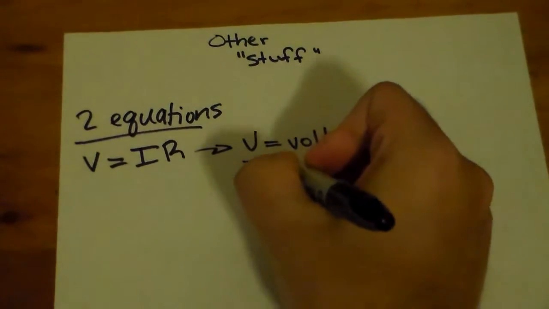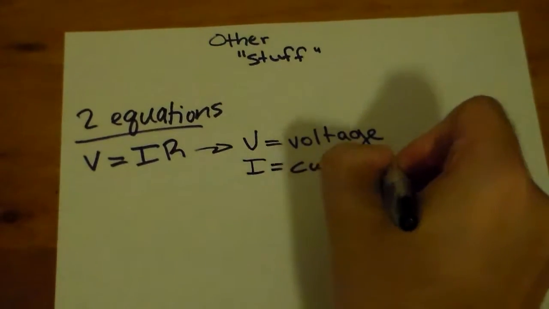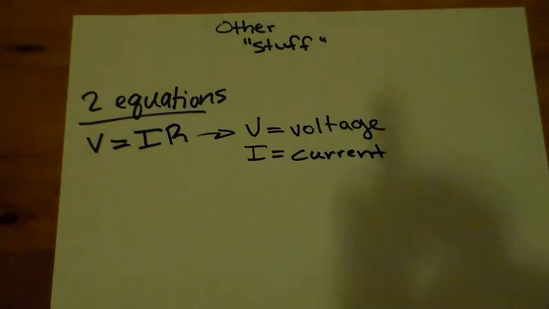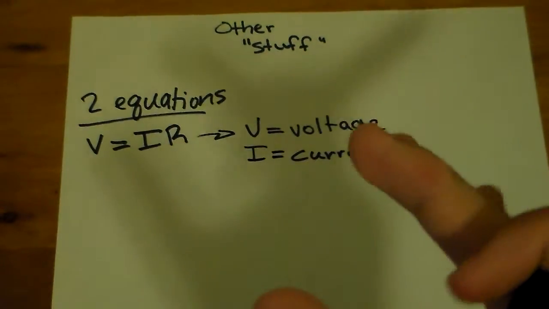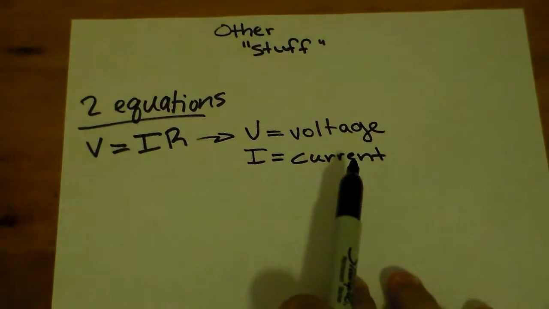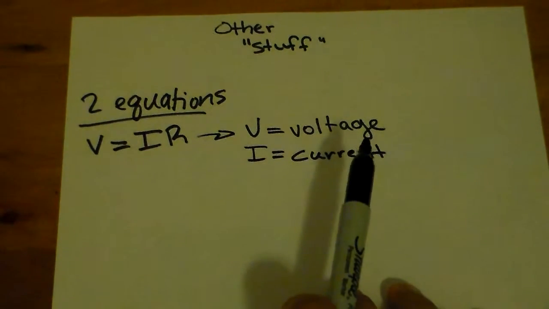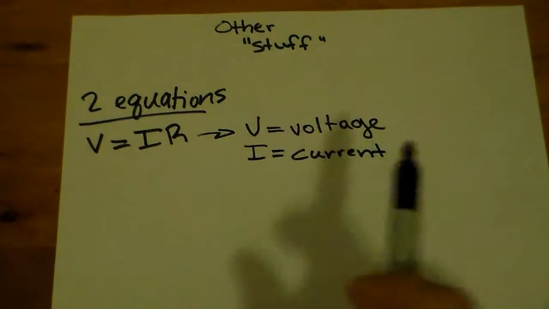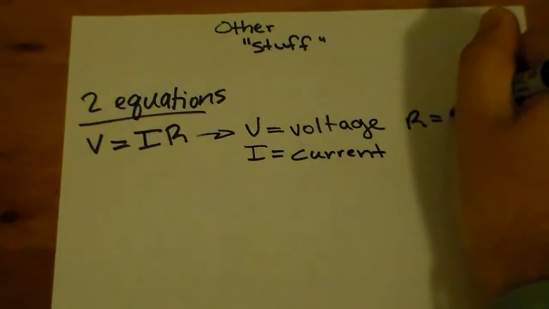The I is the current. With the light bulb, if there's not a lot of current going through it, it won't be as bright. But if there's a lot of current going through it, you get a bright light. And that comes from the voltage. And the R is the resistance.